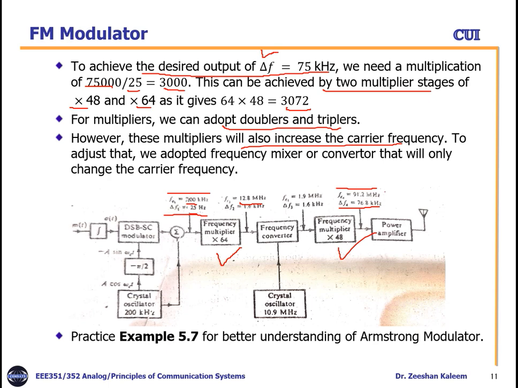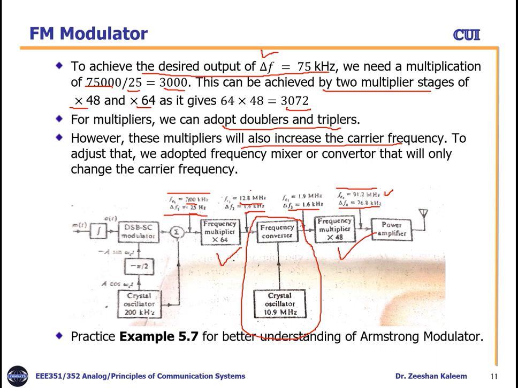We need 91.2 megahertz at the output, so we use a frequency mixer, or frequency converter. After the multiplier of 64, the frequency is 12.8 megahertz and the deviation is 1.6 kilohertz. The converter will not change delta f, so it stays constant at 1.6.